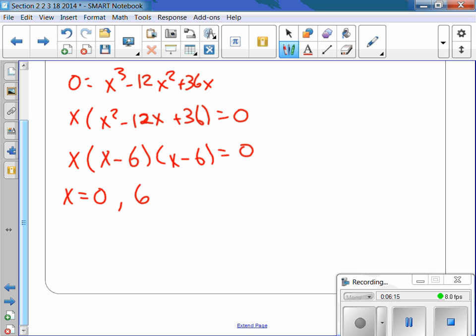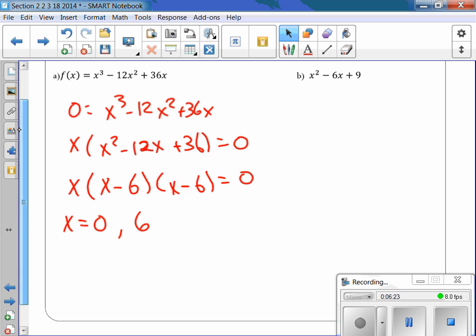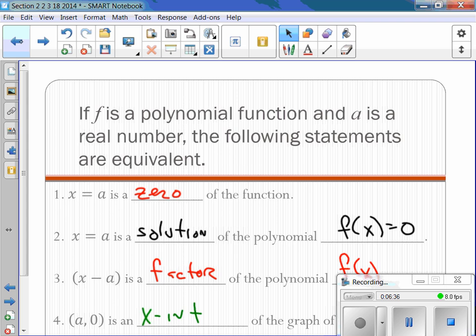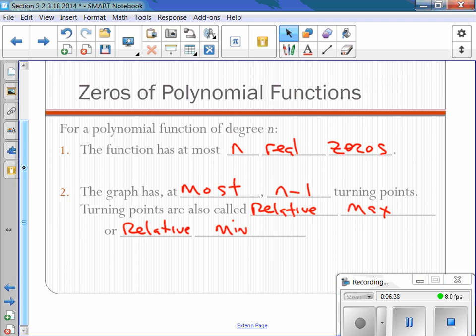The 6 happened twice here. What's the maximum number of turning points I can have? At most, n minus 1 turning points. n is the degree of my polynomial.